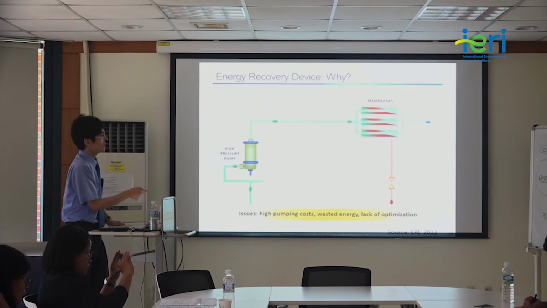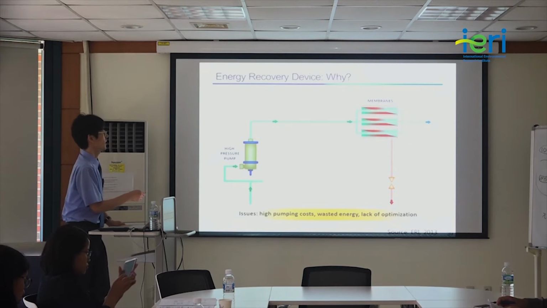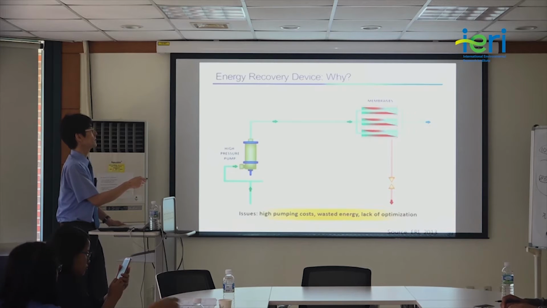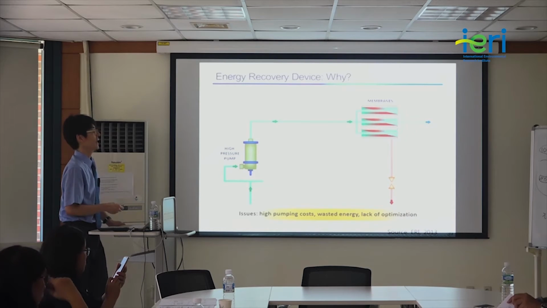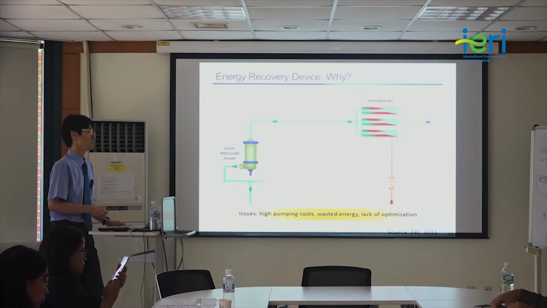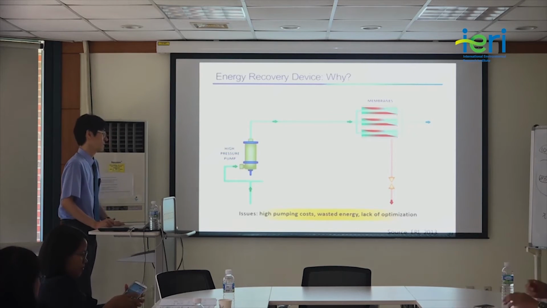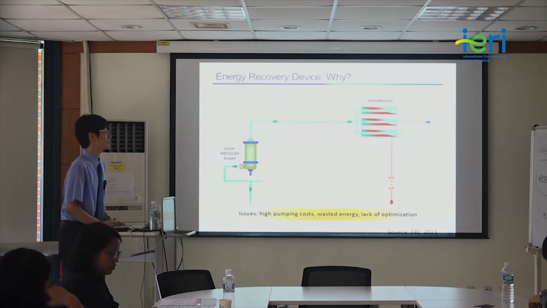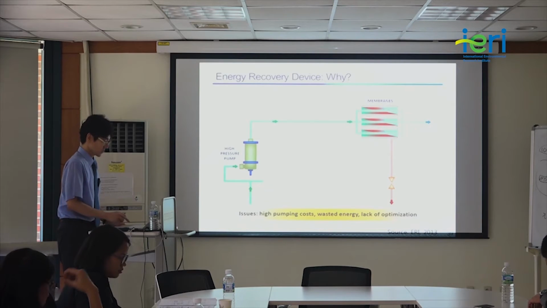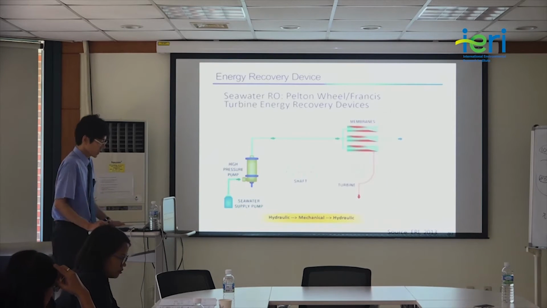But a lot of energy is going to be wasted in this part because the energy in the brine cannot be used for producing any more water. So the high pumping cost will be expected, and we are going to waste a lot of energy, so we have to do something.